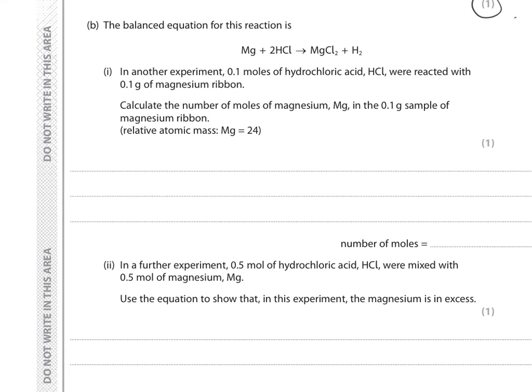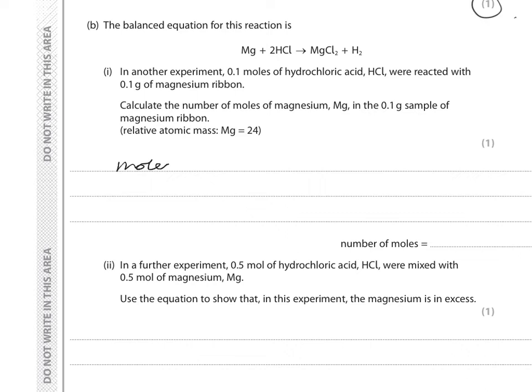If we move on, part B says the balanced equation for this reaction is Mg plus 2HCl goes to give MgCl2 plus H2. In another experiment, 0.1 moles of hydrochloric acid will react with 0.1 grams of magnesium ribbon. Calculate the number of moles of magnesium in the 0.1 gram sample of the magnesium ribbon. Well, that's relatively straightforward.